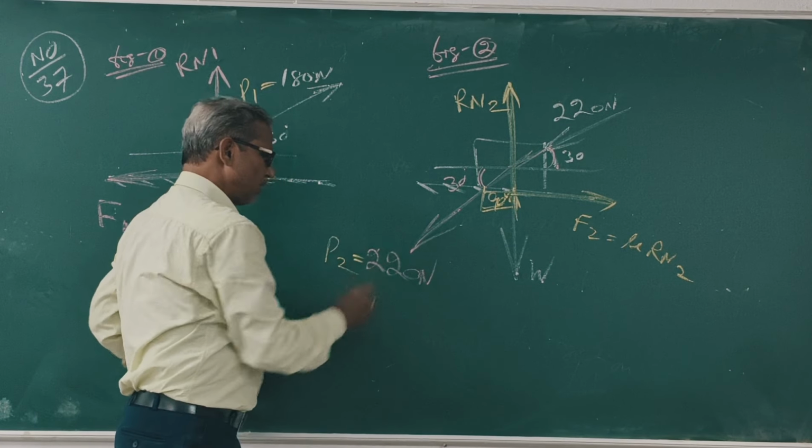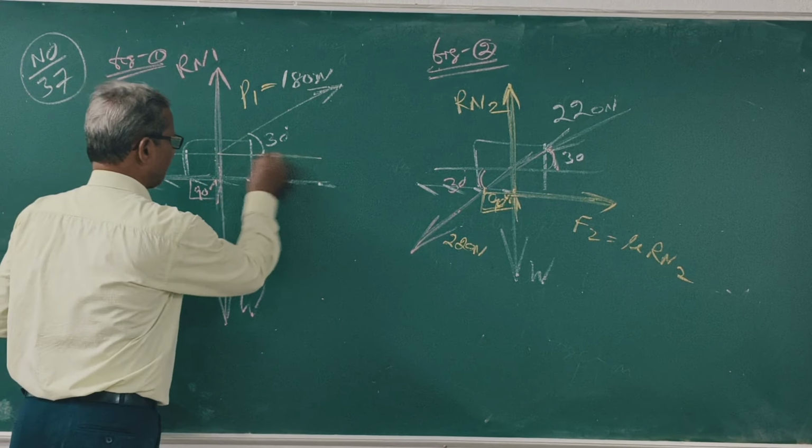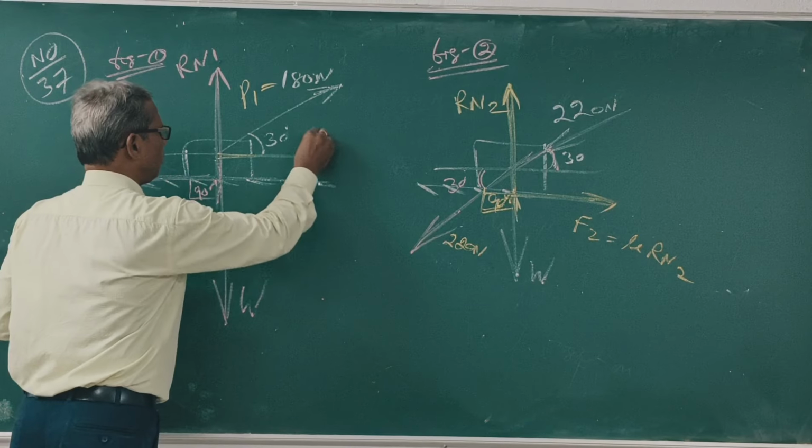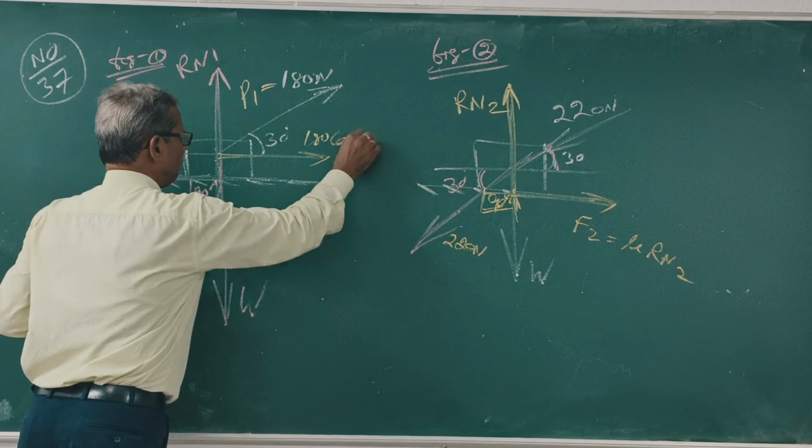Now, in figure 1, this is W, Rn1, F1, this is P1. What is this force? 180 cos 30. What is this force? 180 sin 30. Clear? This 180 Newton force makes 30 degrees with the x-axis, so this component is 180 cos 30 and this is 180 sin 30.